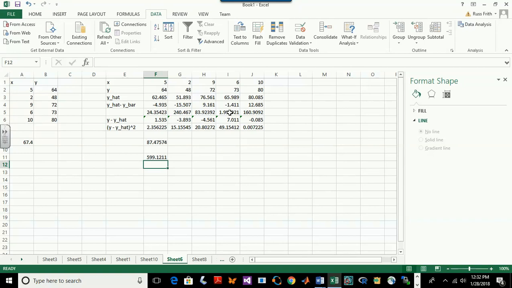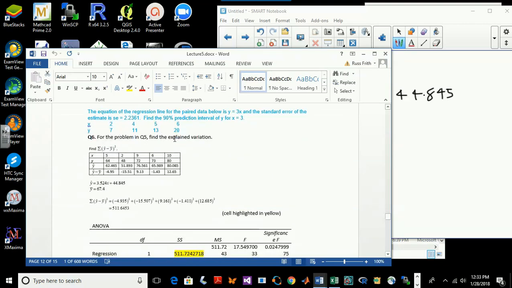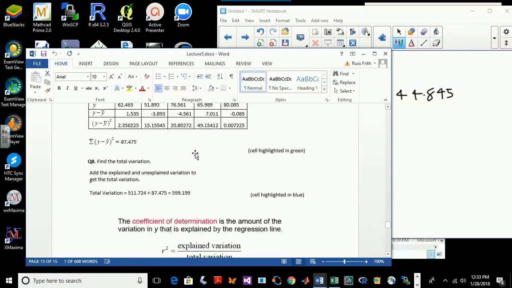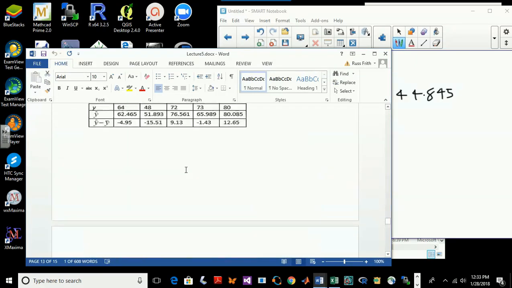Let's see if I have some data or a problem for that. Oh yeah, here we go. So let's work the next problem. So this should be the explained variation. And then we found the unexplained variation, and we found the total variation.